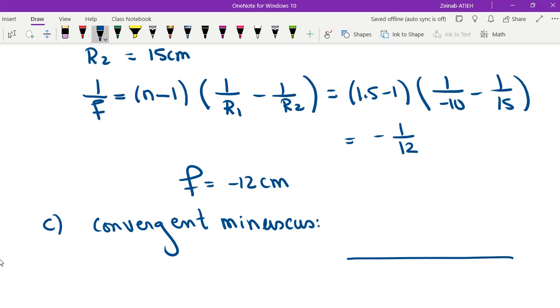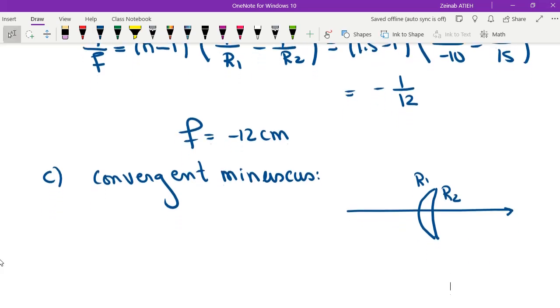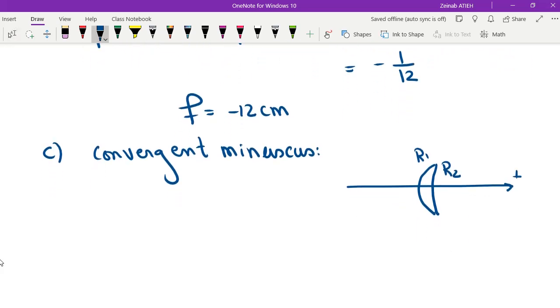Okay, this is the positive sense. This is R1 and this is R2. This is the positive sense. So in this case R1 is positive and R2 is also positive, as you can see. So I will take R1 as 10 centimeter and R2 as 15 centimeter.